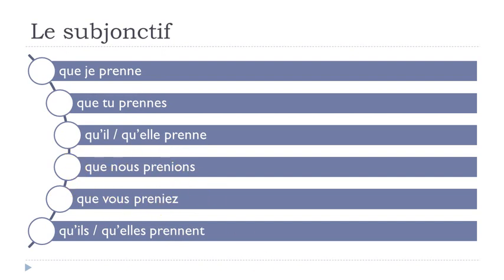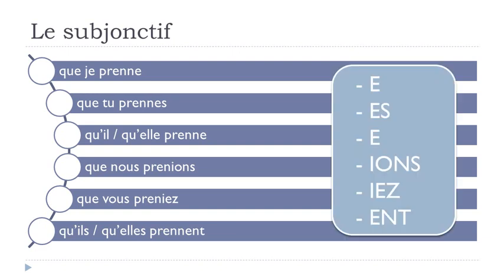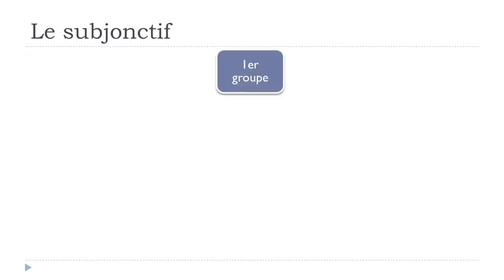Okay, but I took this special verb, prendre, to take, on purpose because I thought that it was quite difficult. So, you know, now you can see the way to make it. And after that, well, first we'll see back again one more time the endings. So e, es, e, ions, iez, ent. All right, but then now we'll see the verbs from the first group.